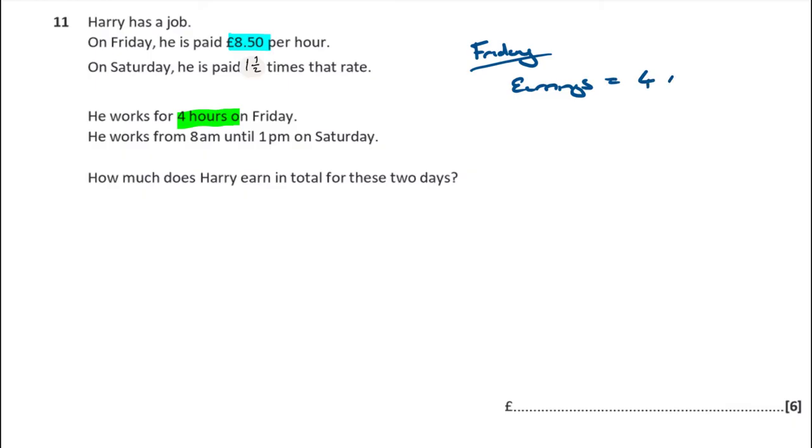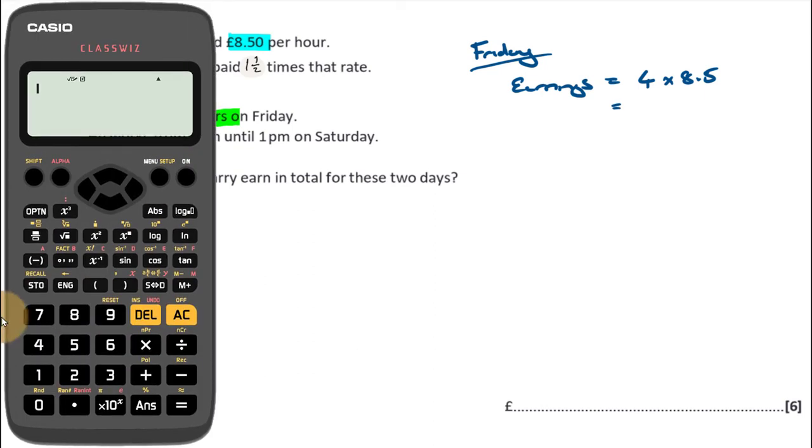So his 4 hours at £8.50, what's that then? So 4 lots of 8.5. 4 times 8.5, that comes out to be 34. So he's earned £34 for Friday.